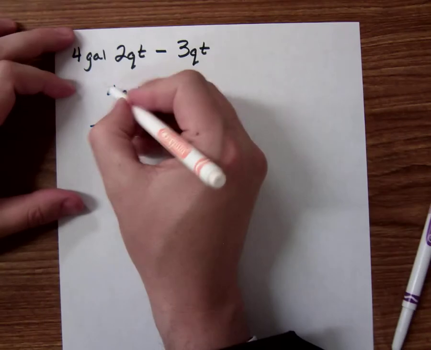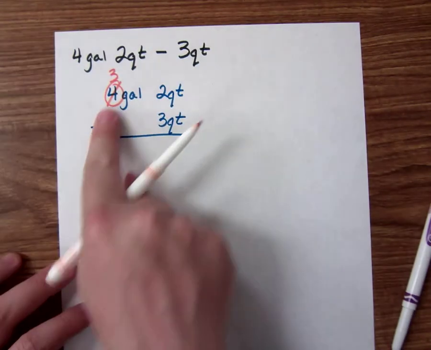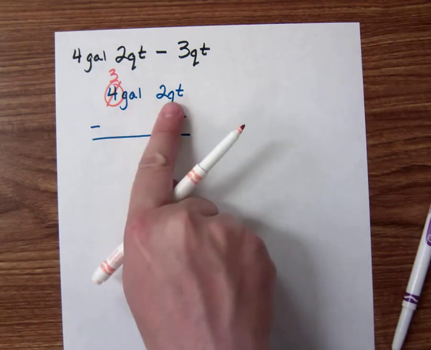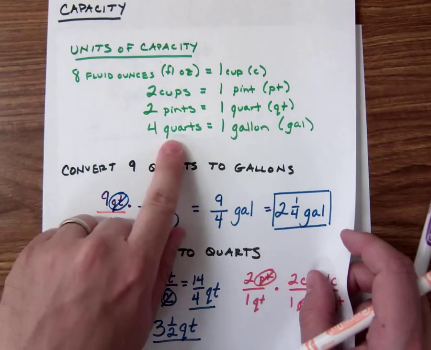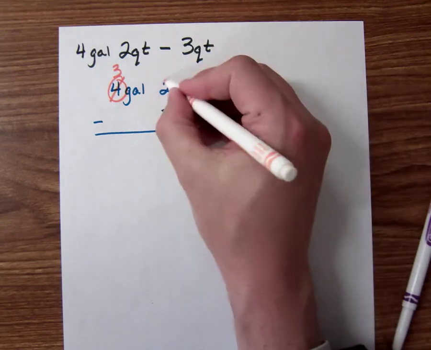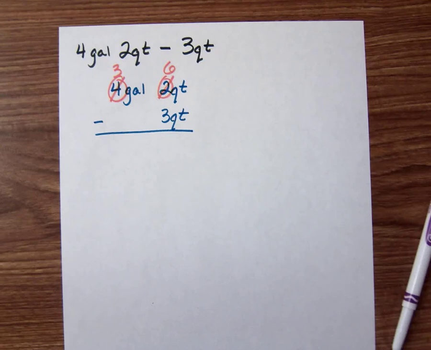We borrow 1 gallon. So instead of 4, it's 3, and we take that gallon and move it into the quarts column. The question is, when I take 1 gallon and put it in the quarts column, how many quarts is that? 1 gallon is 4 quarts. So instead of 2, it's going to be 6.